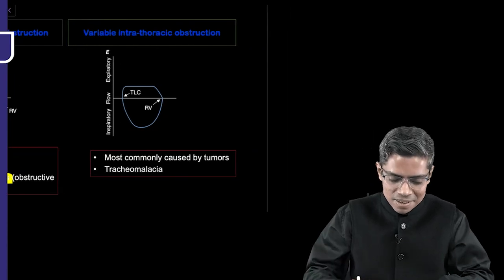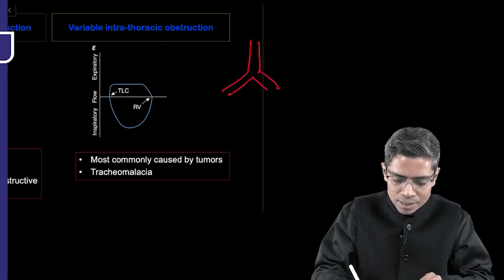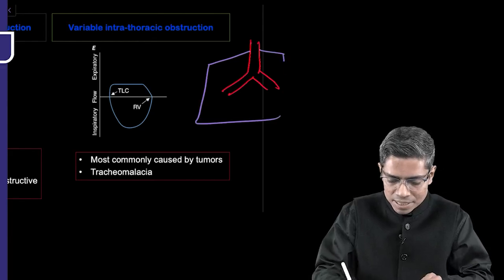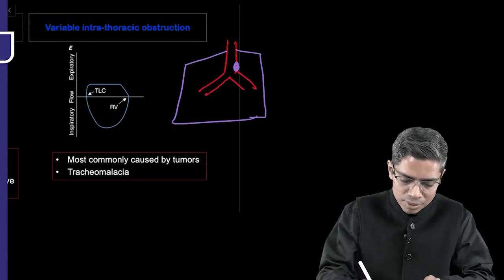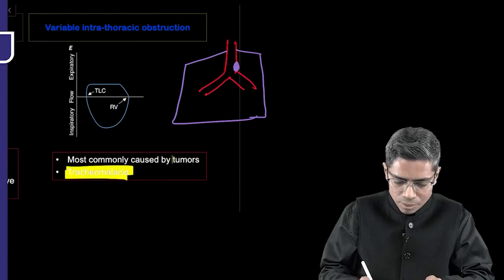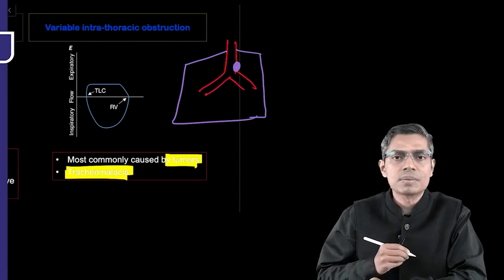And variable intrathoracic obstruction, now it will be easier for you to imagine. So this is dividing, and look at the thoracic cavity and thoracic inlet. So if the obstruction is here, most commonly tracheomalacia or a tumor. Suppose there is a tumor here at the intrathoracic portion.